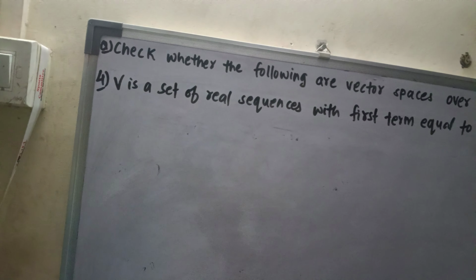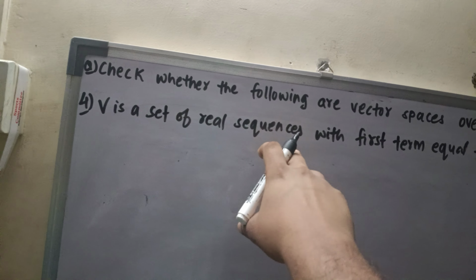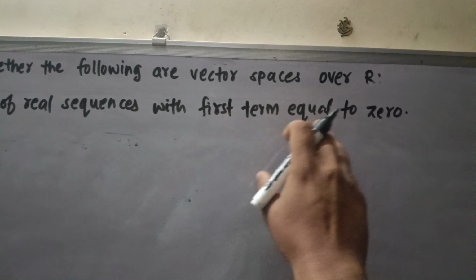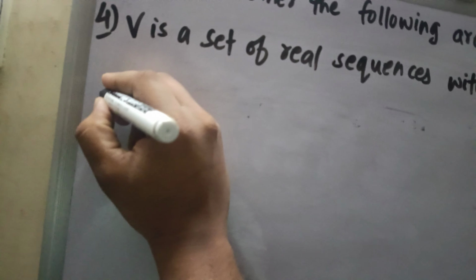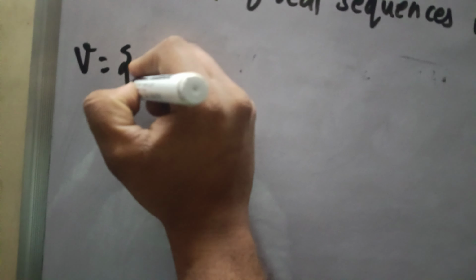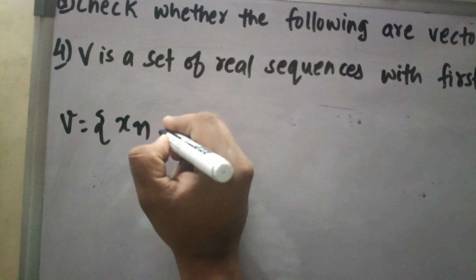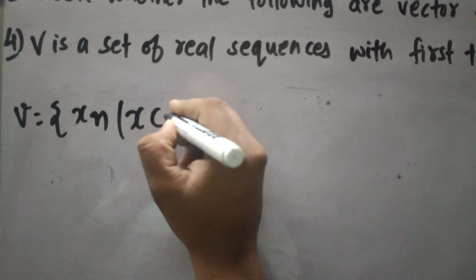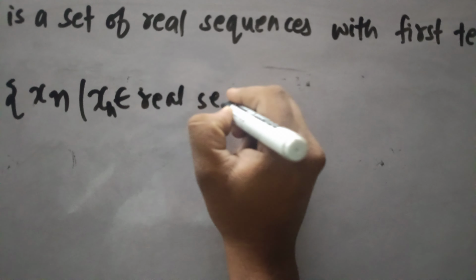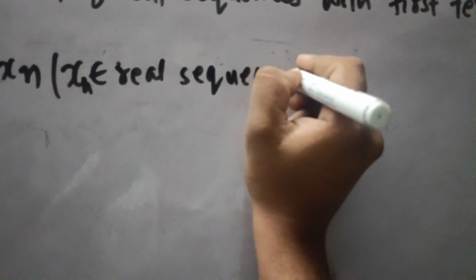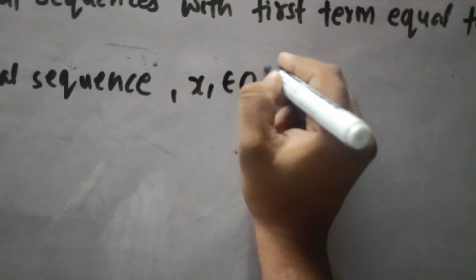So for the next question, we have been given that V is a set of real sequences with first term being equal to 0. What does that mean? It means that V is a set of xn, where xn is a real sequence and x1 is 0.